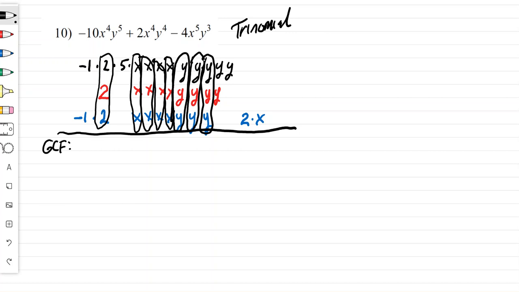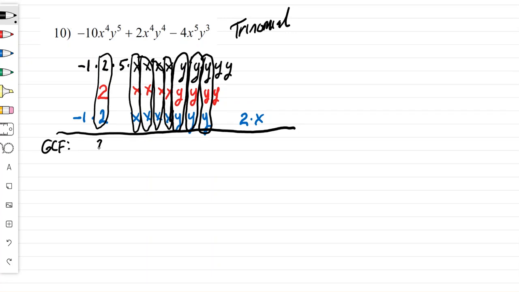All right, so let's go straight down. I have a 3 of a kind 2's. 1, 2, 3, 4. I have x to the fourth power. And I have y cubed. All right, that's everything that I have.